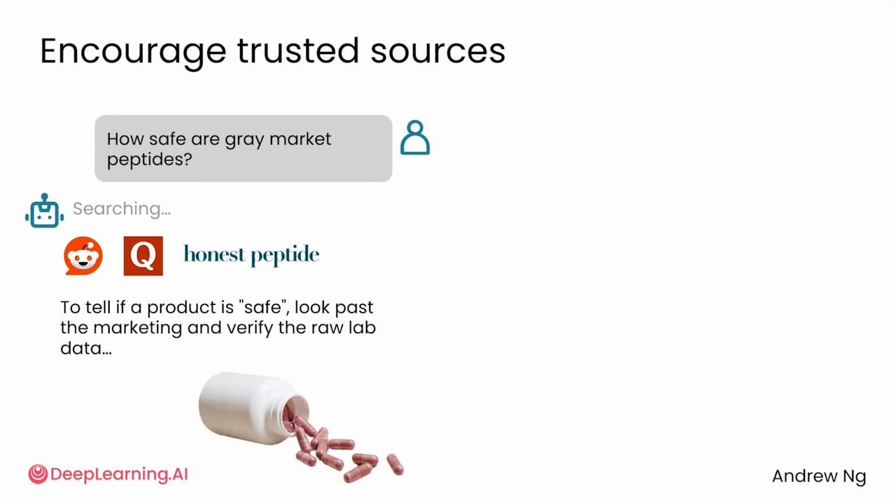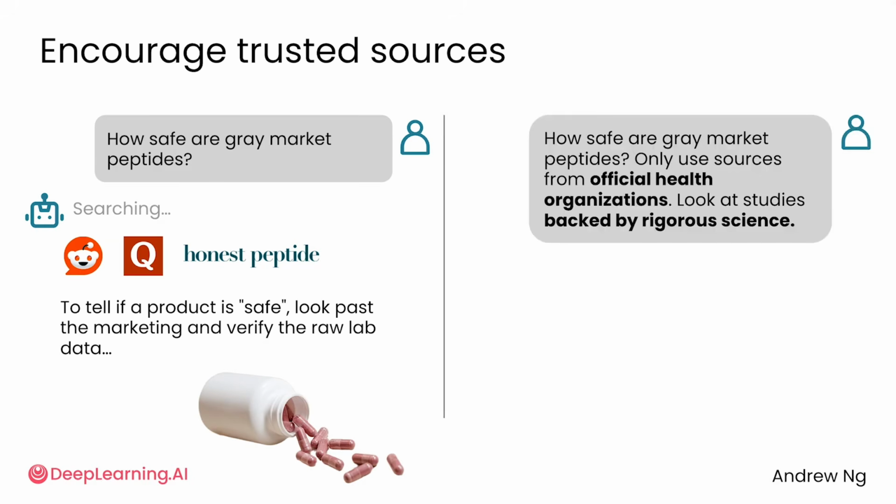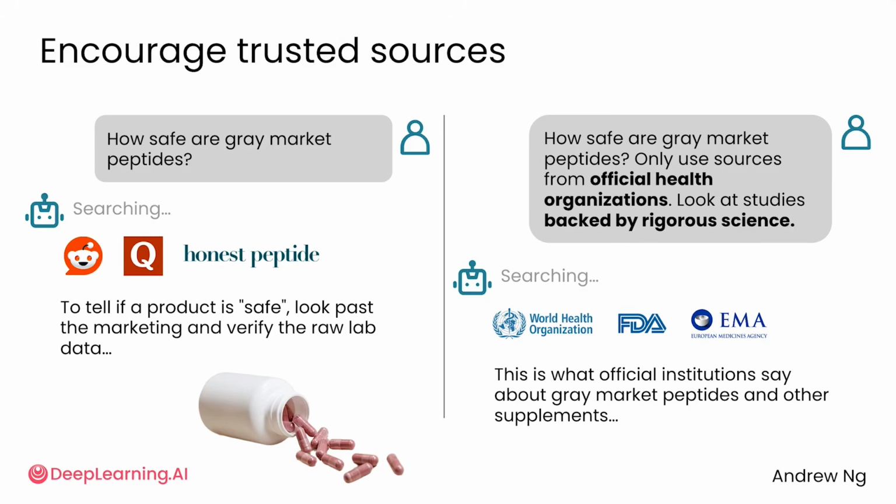And you may get back answers that may or may not be accurate. But if you encourage the AI model to use sources from official organizations or look at studies that are backed by rigorous science, then it's more likely to look up resources from the World Health Organization, from the US Food and Drug Administration, from the European Medicines Agency, and so on, and hopefully give you more reliable and scientifically credible answers.